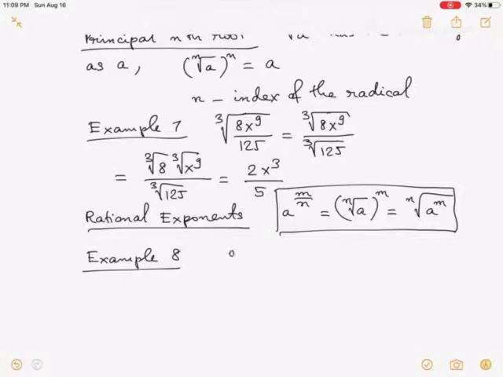So example 8. 9 to the power 5 over 2, we could write as square root of 9 to the power 5.